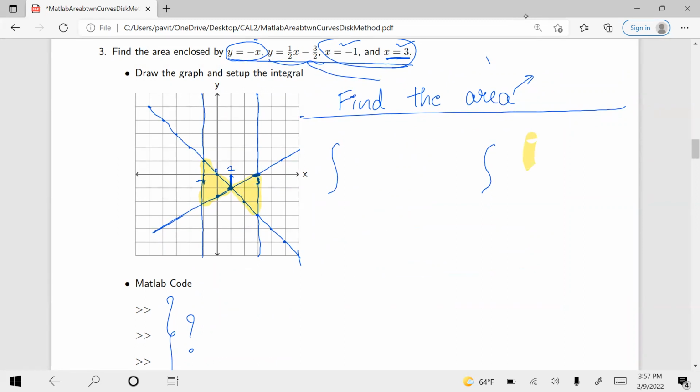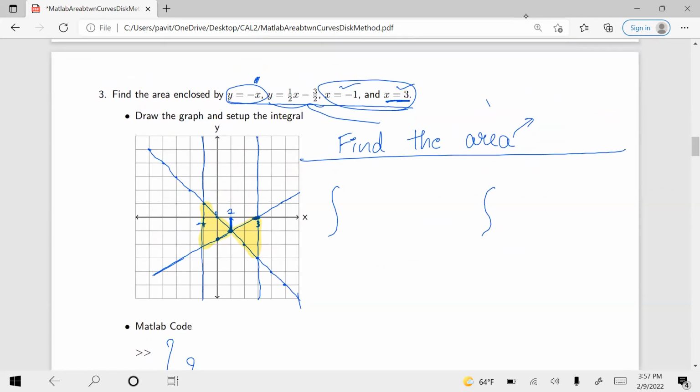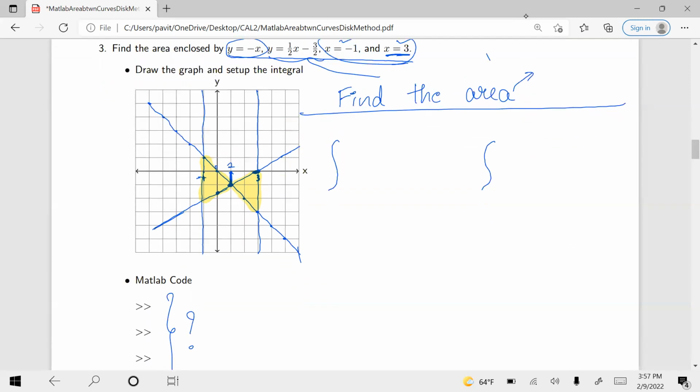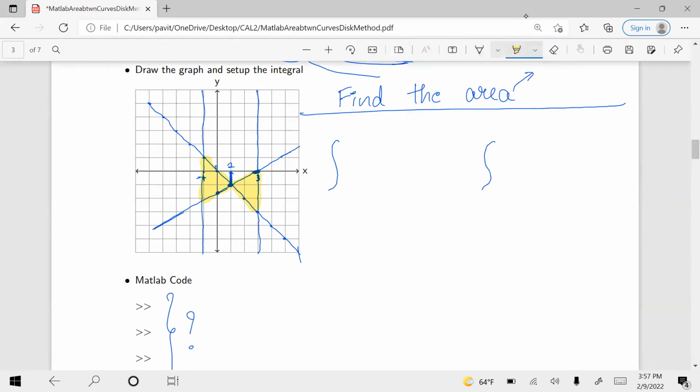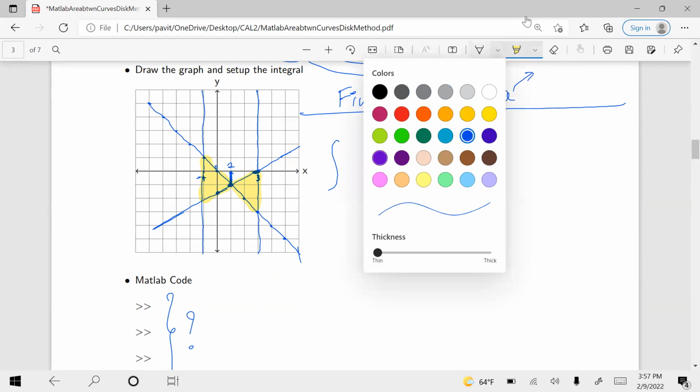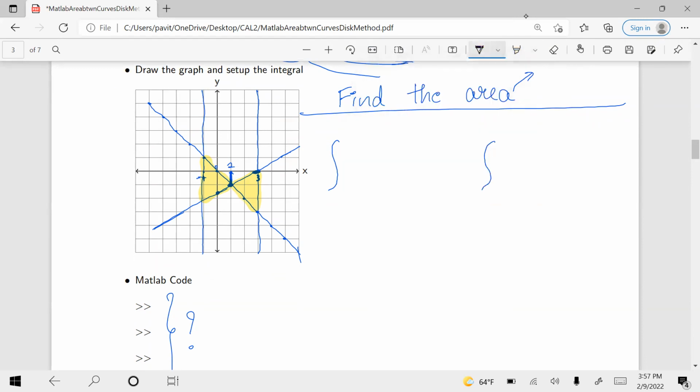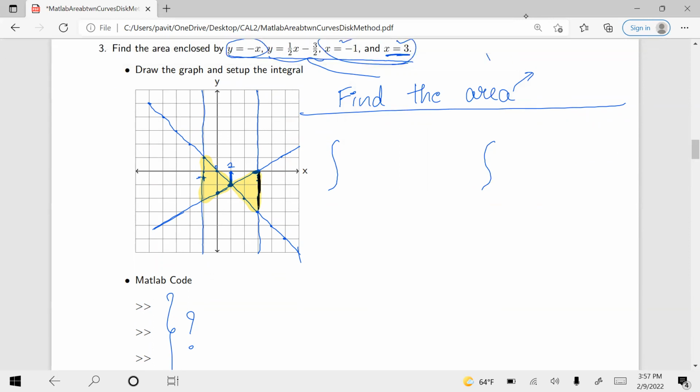Now the boundary, so this is the boundary. This one is the boundary. So this is the shape of the figure for which we are going to find the area. Let me shade it properly. So this is the boundary part.